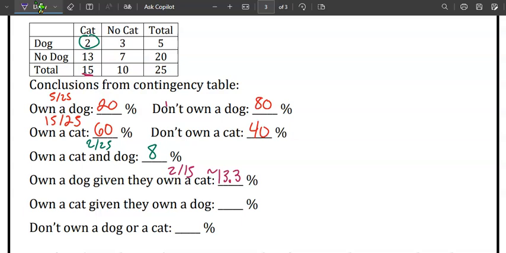And then own a cat, given that they own a dog, would be 2 out of 5, 40%. And then don't own a cat or a dog would be 7 out of the total 25. 28%.